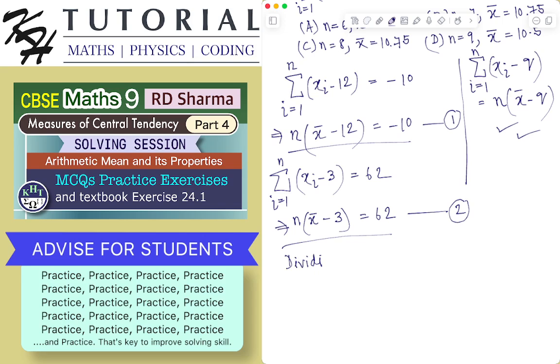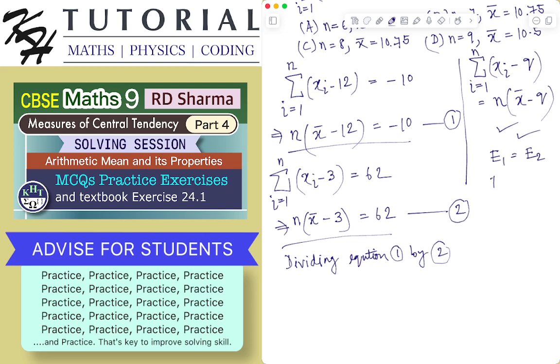Dividing equation 1 by 2, what does it mean? Let's say I have an equation, expression E1 is equal to expression E2, where E1 and E2 are some algebraic expressions. So this is an equation.